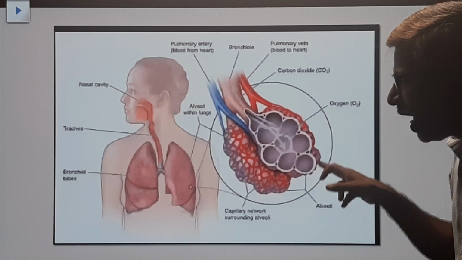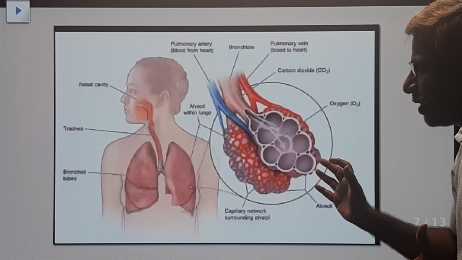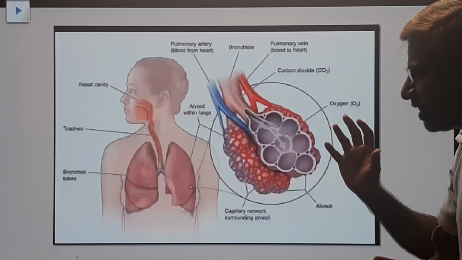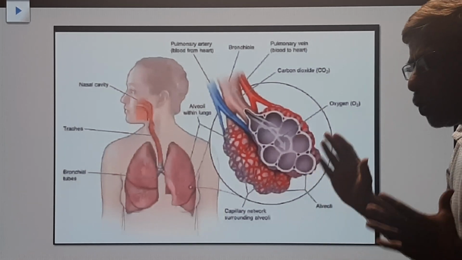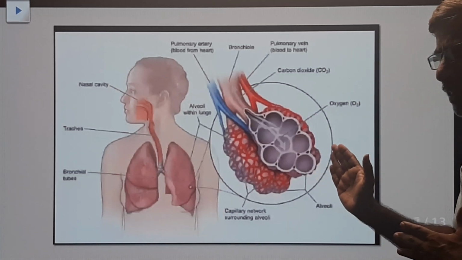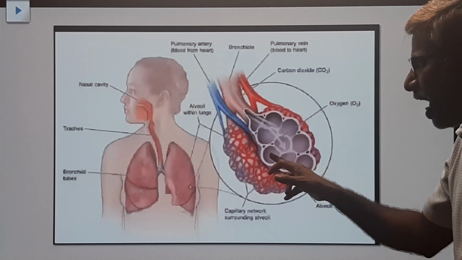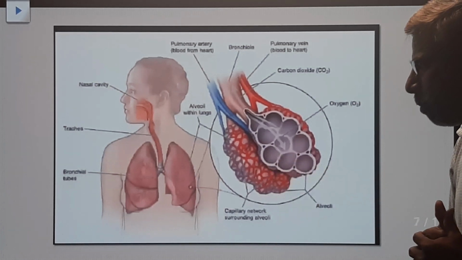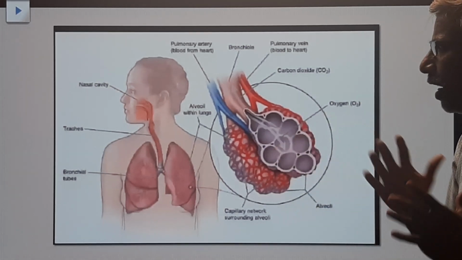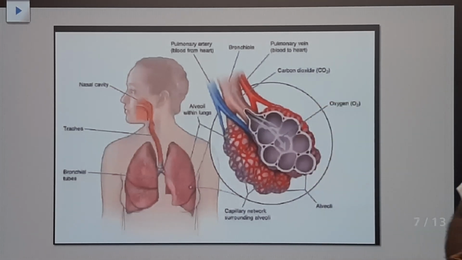The alveoli are richly supplied with capillaries, arteries as well as veins. Only in this location, at the end of the lungs, the gaseous exchange takes place between the alveoli and the blood of the lungs. This is the detailed structure of the lungs. Have a look please.